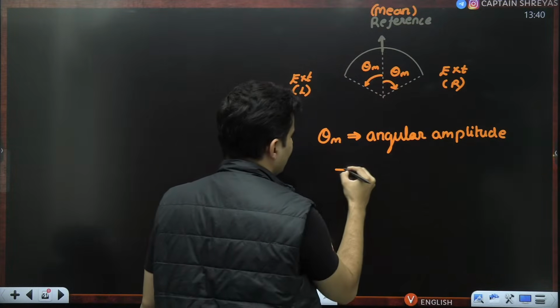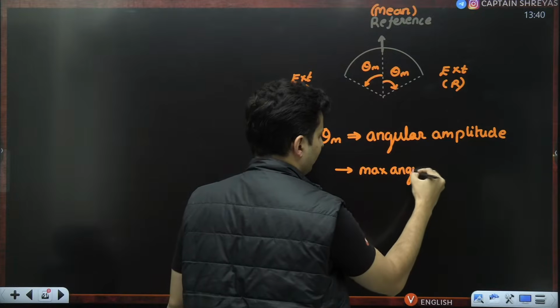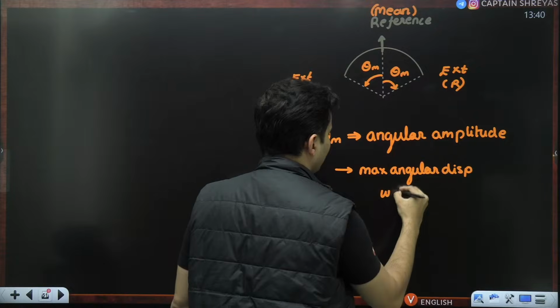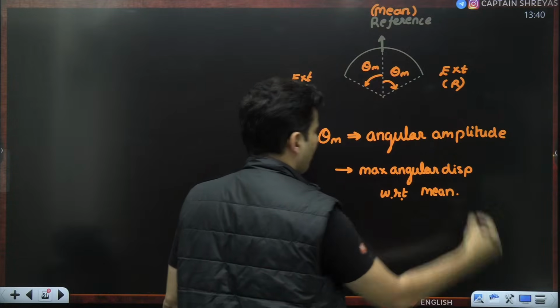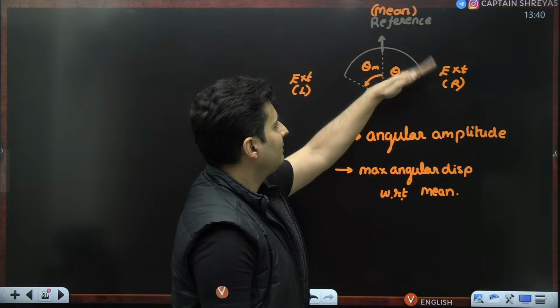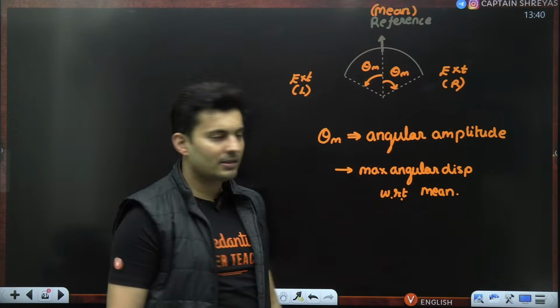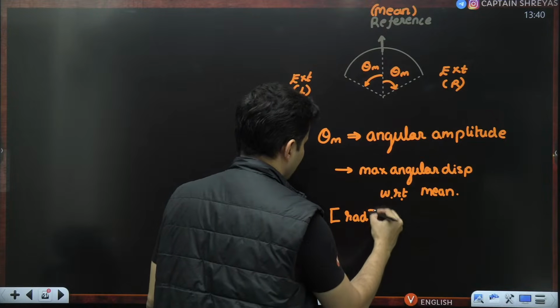As you can see, it is nothing but the max angular displacement with respect to the mean position. From the mean, maximum here, that's the amplitude, but angular wise. Usually it is expressed in radians.